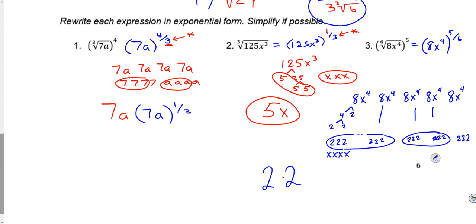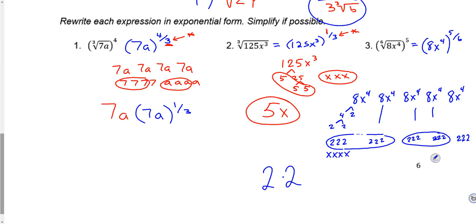Now let's think about these x's. This has 4. This has 4. Each one of these has 4. How many are there altogether? There's 20, right? So if I have 20 and I want to make them into groups of 6, how many groups of 6 could I make if there was 20 of them?